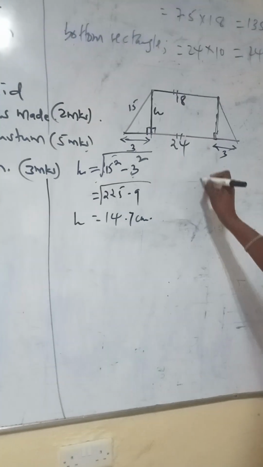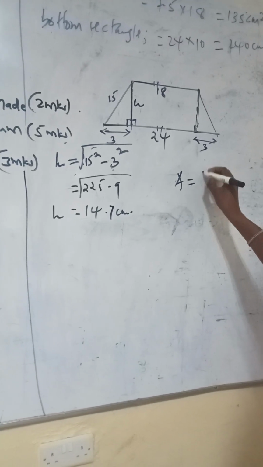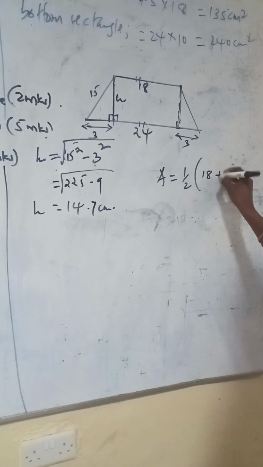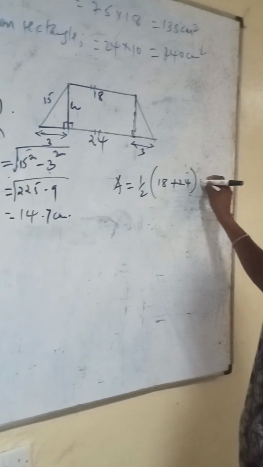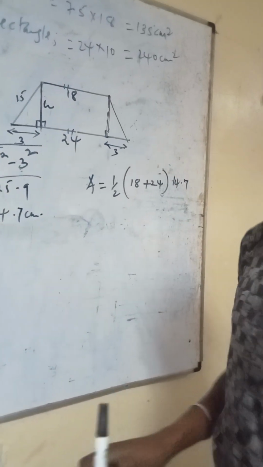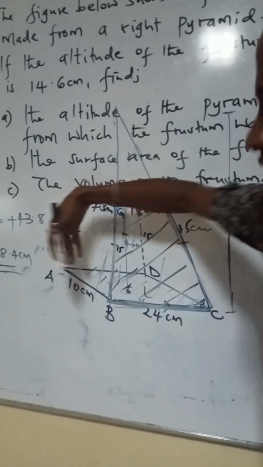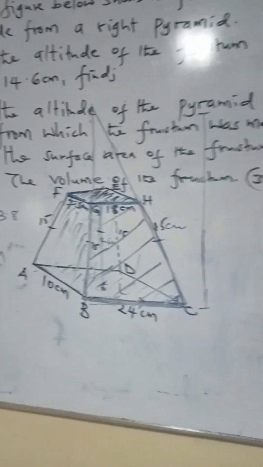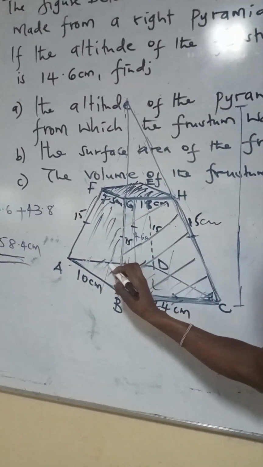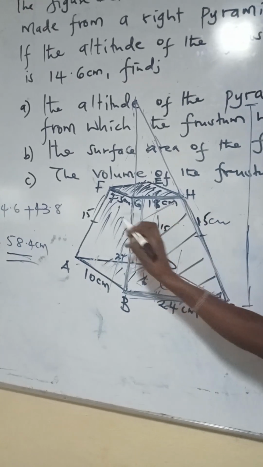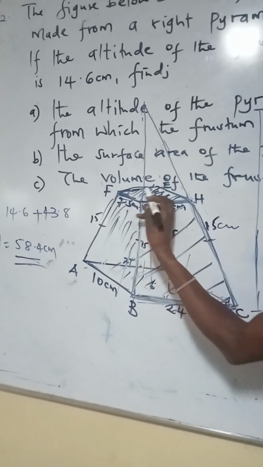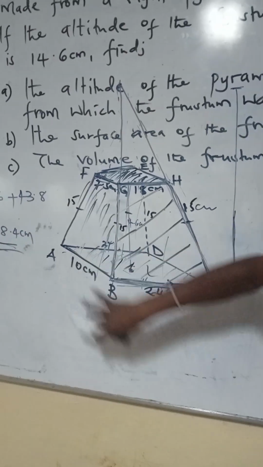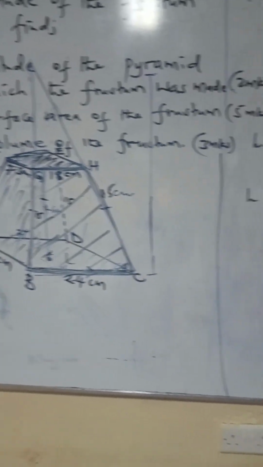So the area of the trapezium will be a half multiplied by A, which is 18 plus 24, multiplied by height, which is 14.7. And because you have another side which resembles this on the other side, because this 24 is equal to this length 24, and 18 here is the same as this other side, because they are opposite, and the base is a rectangle, you multiply it by 2.